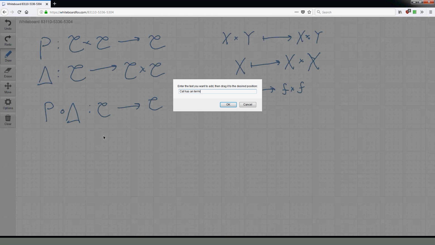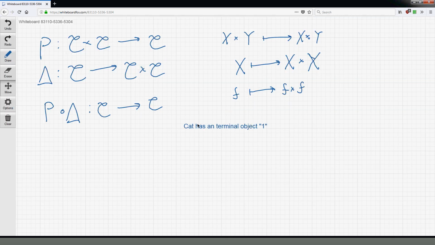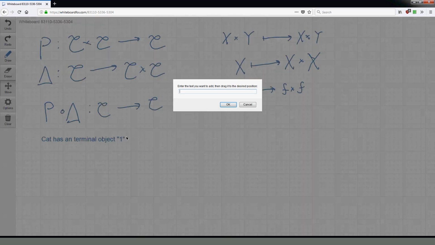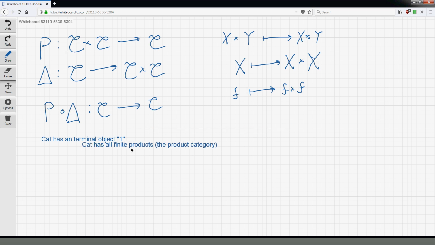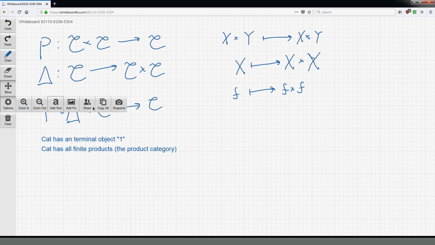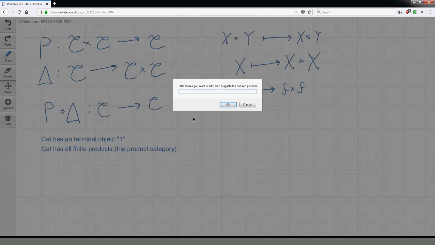We want terminal. That's a category with one element and the identity morphism. We've seen that, and we also have functor categories.